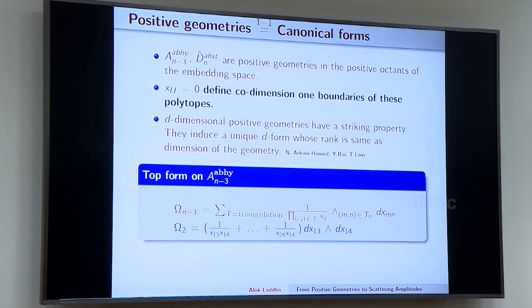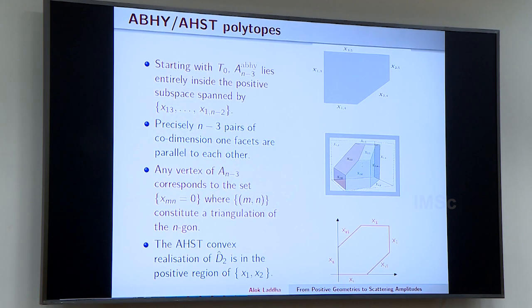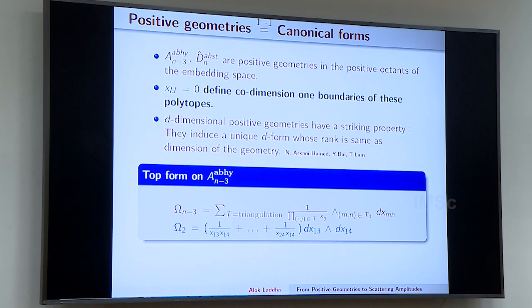There are 5 triangulations: 1,3 1,4; 1,3 3,5; 2,4 1,4; and so on. So there will be 5 terms in the blue parenthesis, and the basis dx13 dx14 comes from the fact that to define this associahedron, we have to fix a reference T naught. When we drew this associahedron, the reference triangulation we fixed was 1,3 and 1,4, and that dictates that the coordinate form we end up with is dx13 dx14.